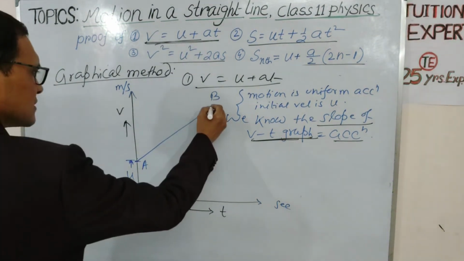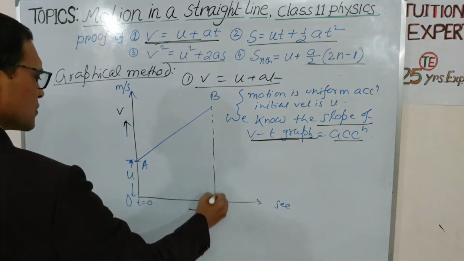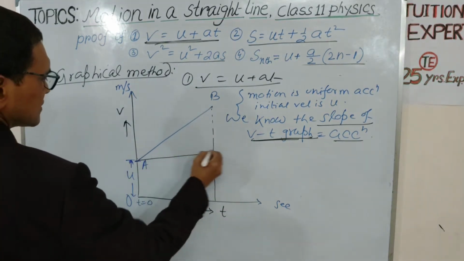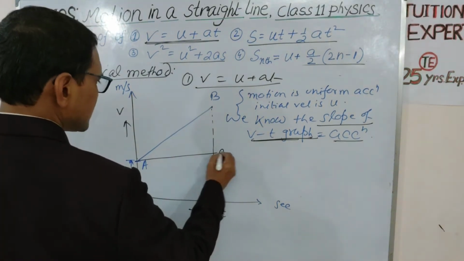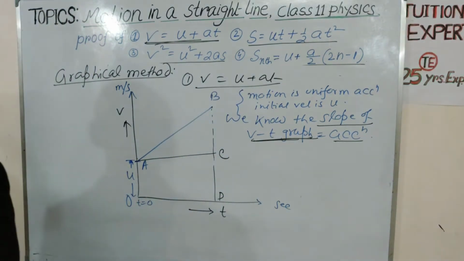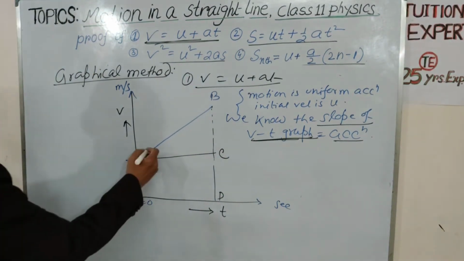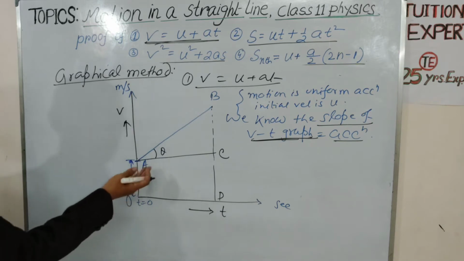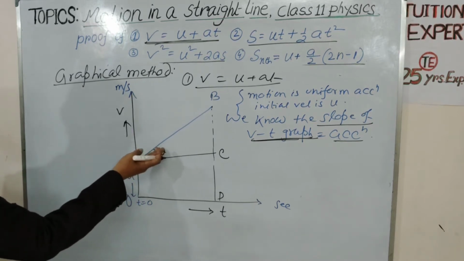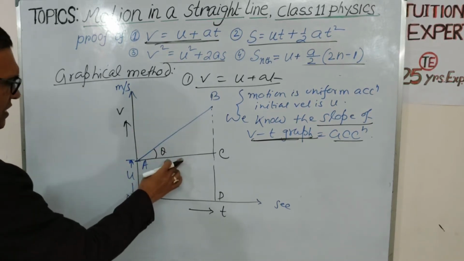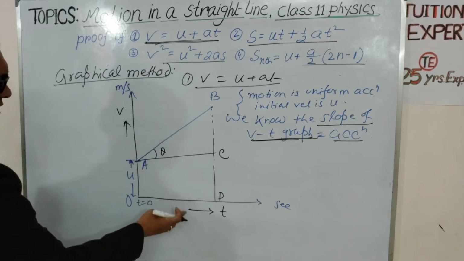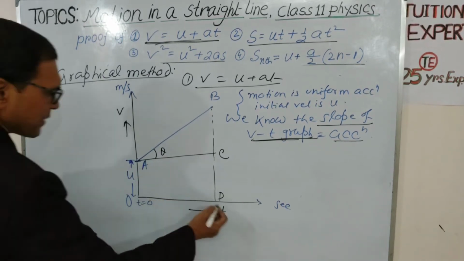Now draw here, suppose this is BC, this is D. Now what is the slope of the line? This angle is theta, so theta makes an angle with this line, and theta also makes an angle with this line, that is the time axis.